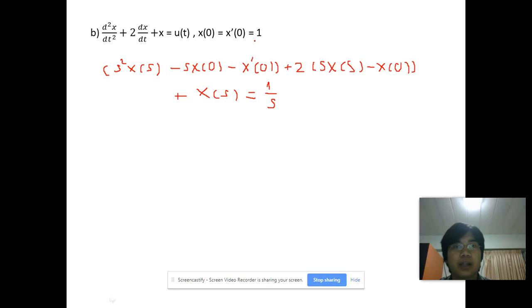And we're going to place the 1 as the problem gives us for x(0) and x'(0).